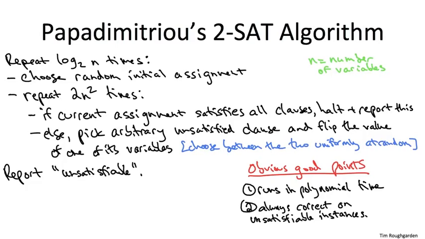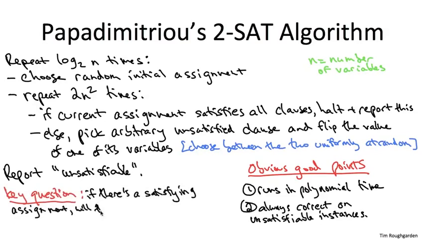But the key question is, what happens on satisfiable instances? If there is somewhere out there in the exponentially big space of assignments one that satisfies all of the clauses, is this algorithm going to find one in its mere 2n squared times log n steps? Now I have to tweak that question a little bit.